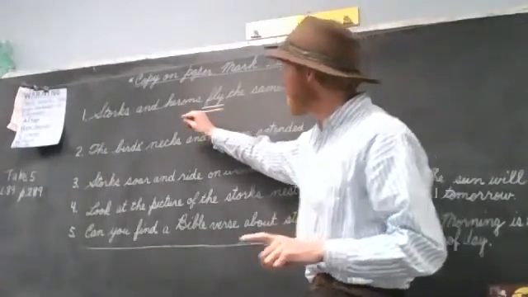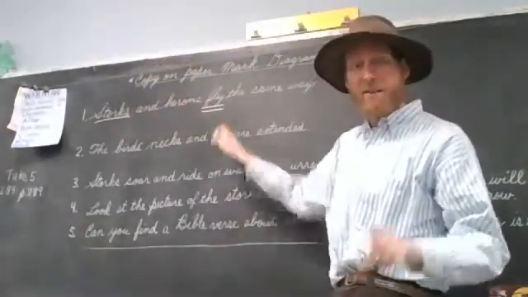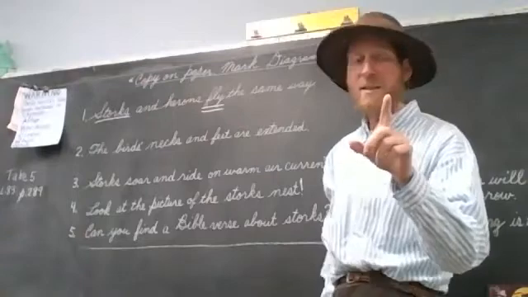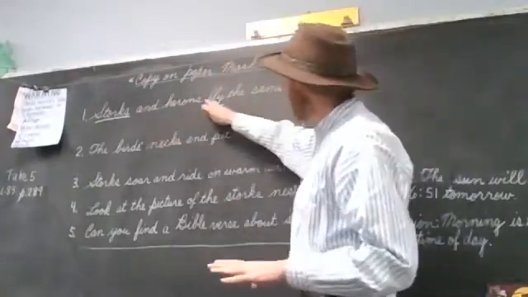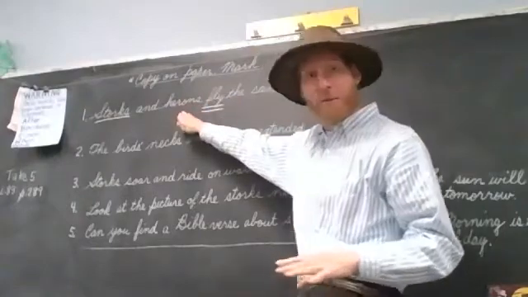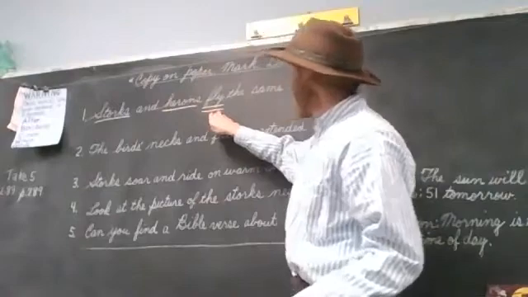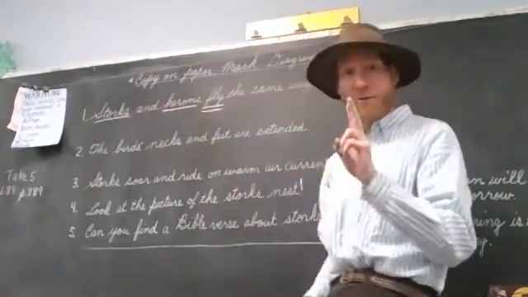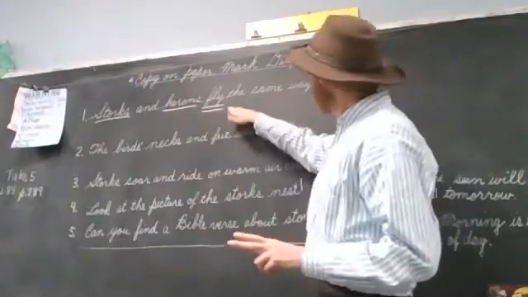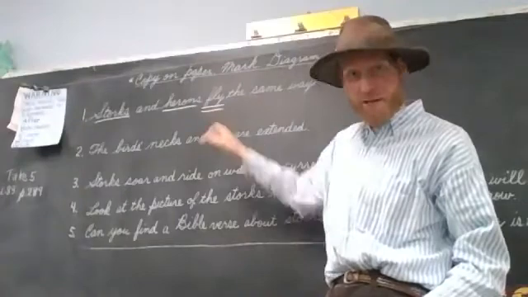Could we say storks fly? Yes, but keep watching. Sometimes there's more than one. So always look at every word. There's another thing that's flying, right? Herons fly. Storks fly. Herons fly. There's two. Is there any other verb? That's the only verb, right?